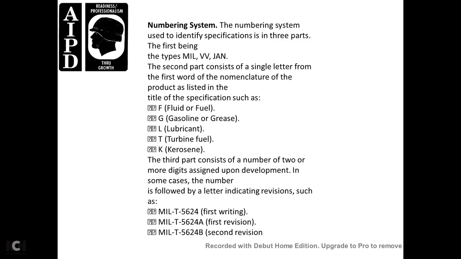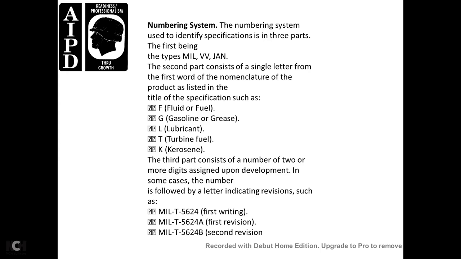Numbering system. The numbering system used to identify the specification has three parts. The first begins with the type: MIL, federal, VV, and JAN, Joint Army Navy. The second part consists of a single letter, the first letter of the nomenclature of the product listed in the title of the specification, such as F for fluid or fuel, G for gasoline or grease, L for lubricant, T for turbine fuel, and K for kerosene.